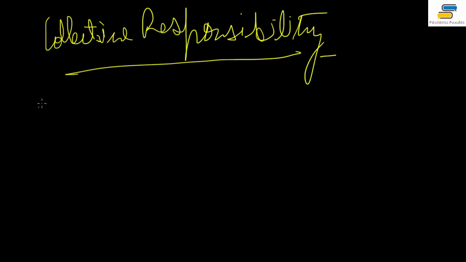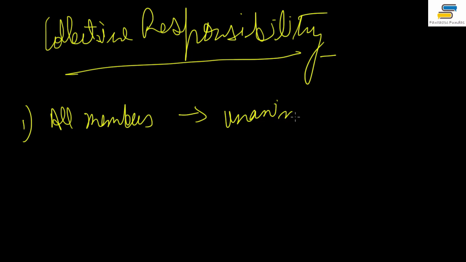The first meaning is that all members of the government are unanimous. Unanimous in what? They are together, there is unity among all of them.